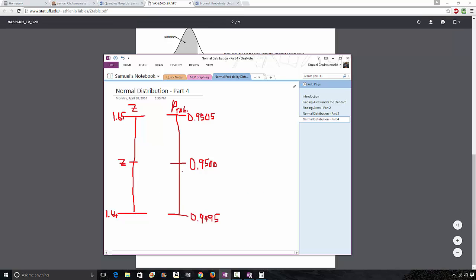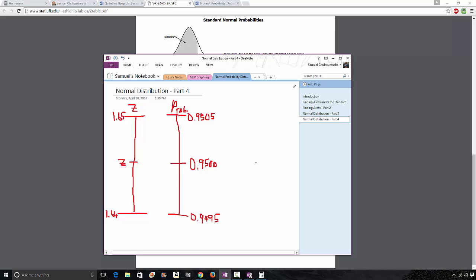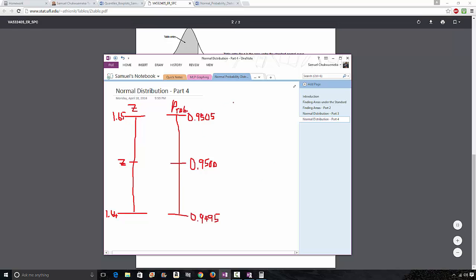Now, we go ahead and use our interpolation method.